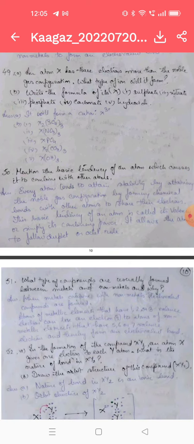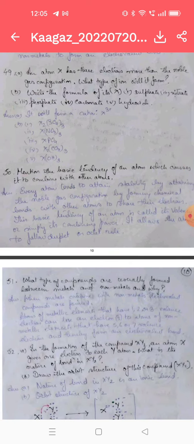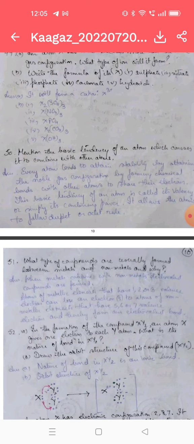Mention the basic tendency of an atom which causes it to combine with other atoms. Every atom tends to attain stability by attaining the noble gas configuration, by forming chemical bonds with other atoms to share their electrons. This basic tendency of an atom is called its valency, or simply its combining power.